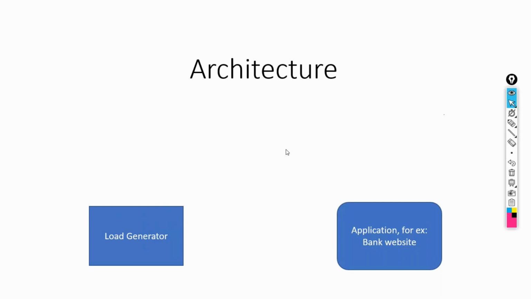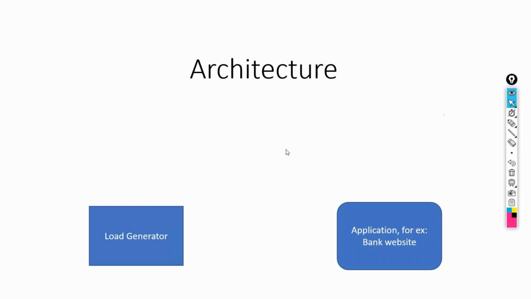So this component, this LG load generator machine, is also a machine only. It's a highly configured machine. Like when I say highly configured, let's say the memory will be high and the CPU will be advanced. Why? Because based on the configuration of this machine, you can decide the number of users.